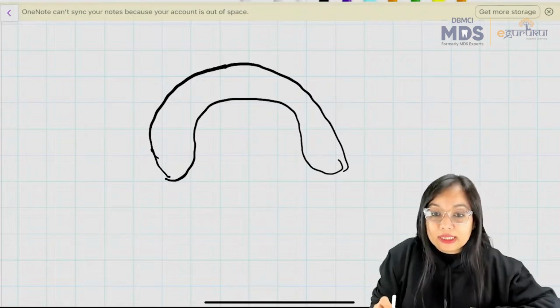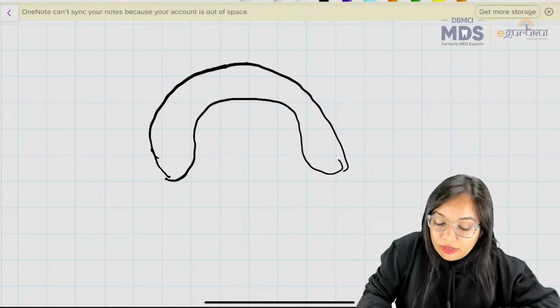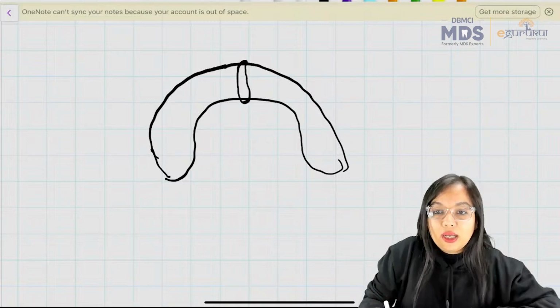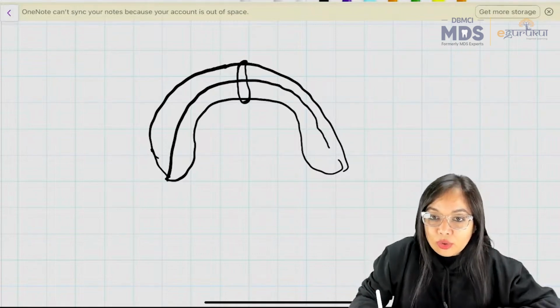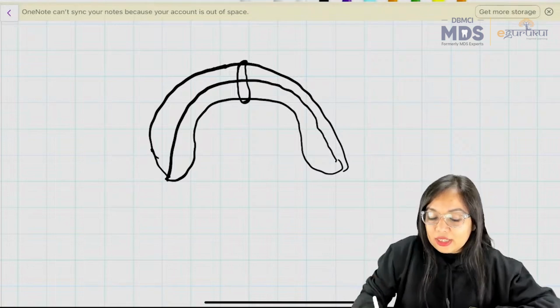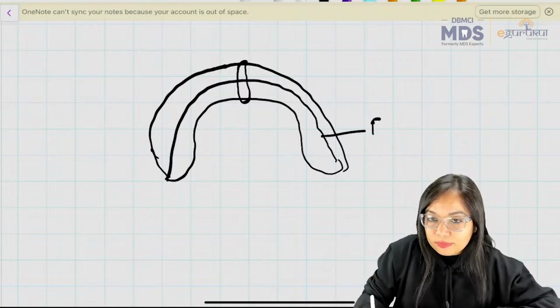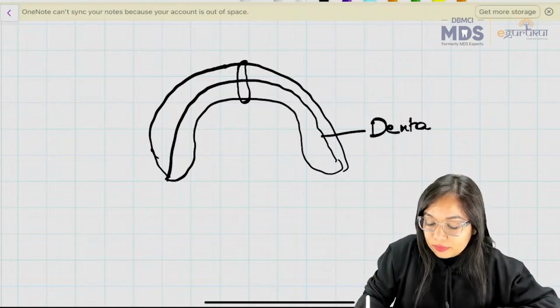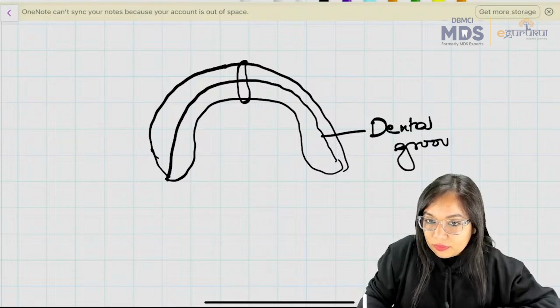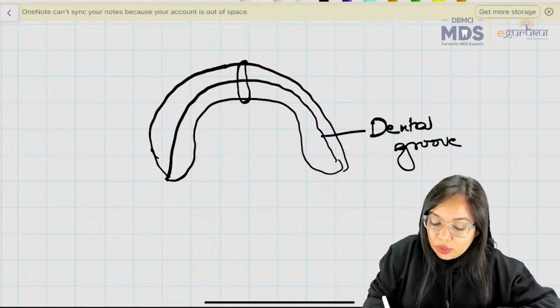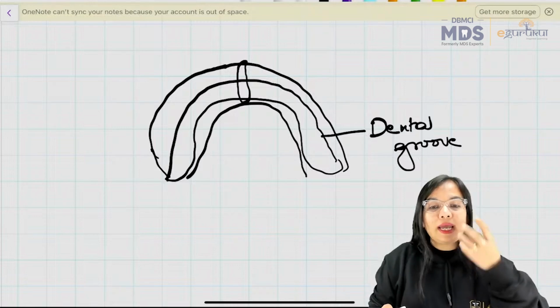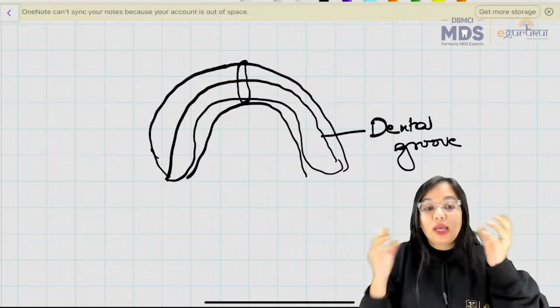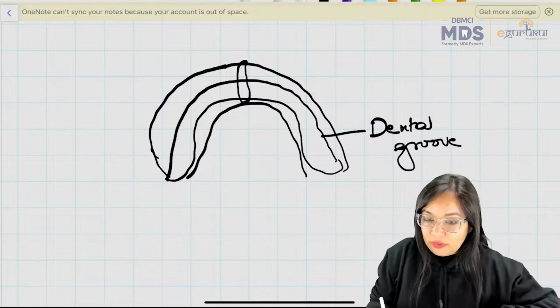Here we have the incisive papilla. Then there is a groove that runs over like this, and this is called the dental groove. There is a groove over here that separates the palate or the tongue from the alveolus, and that is called the gingival groove.